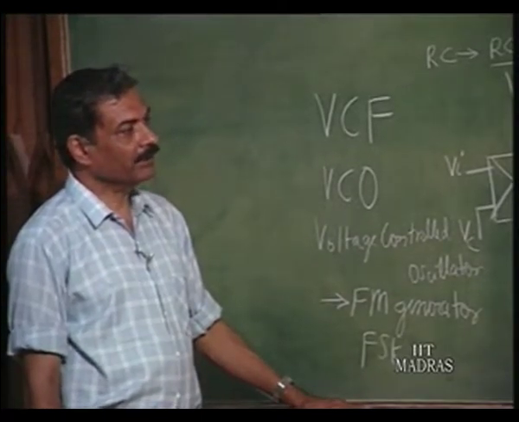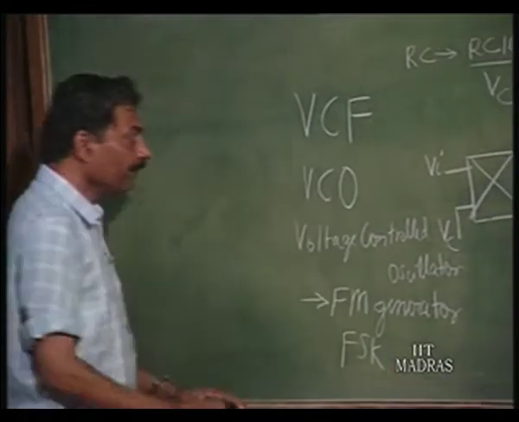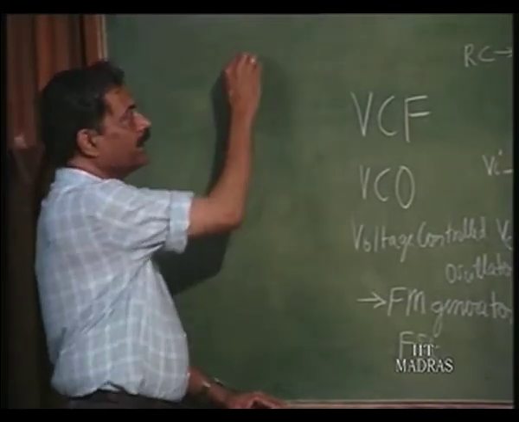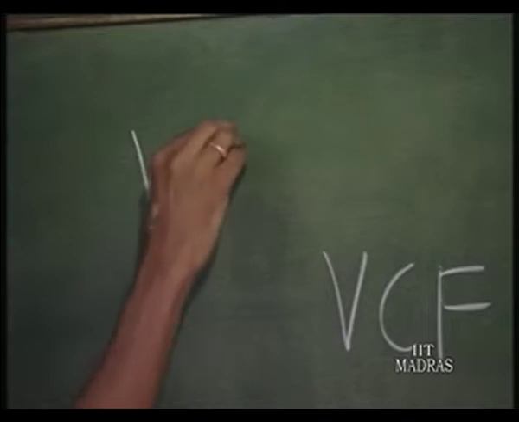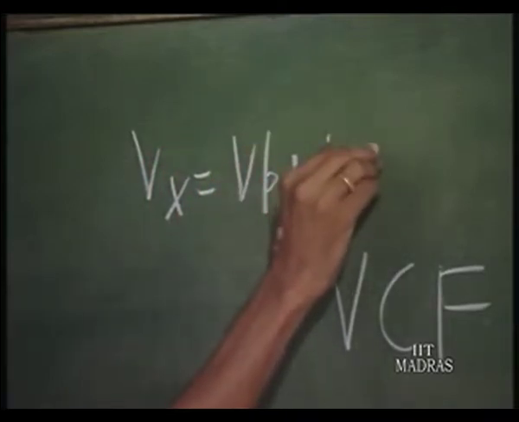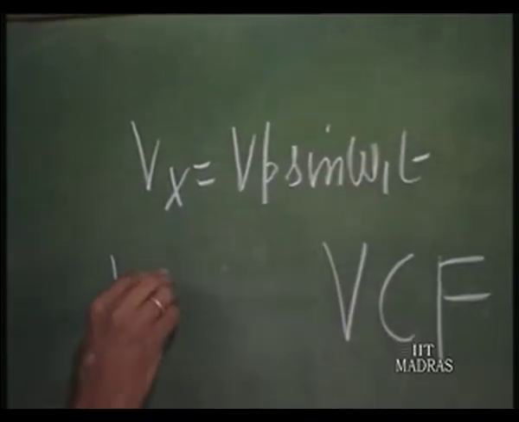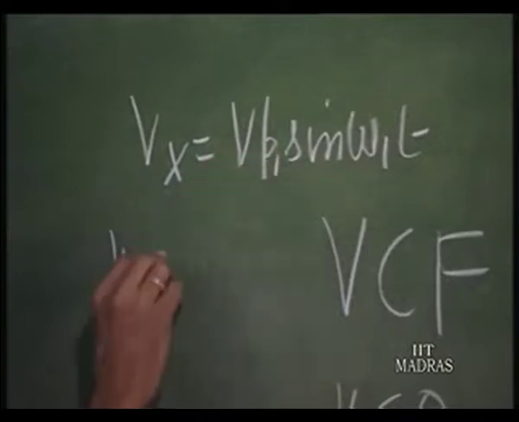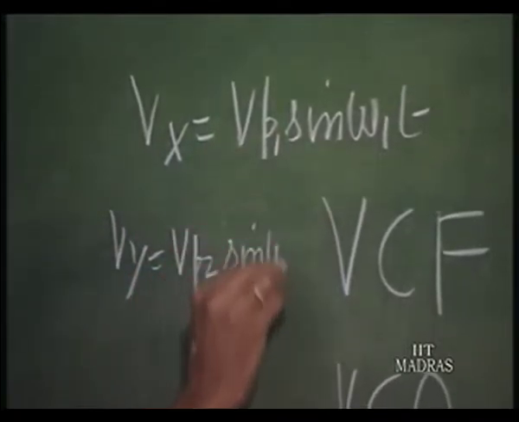Other applications. Now if Vx is equal to, let us say, Vp1 sin omega 1 t, Vy is equal to, let us say, Vp2 sin omega 2 t.